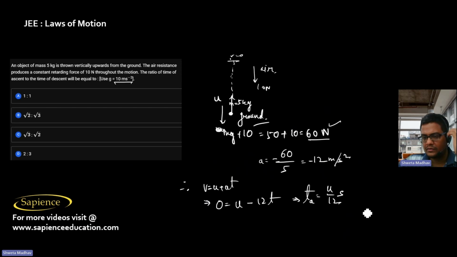So this is the time of ascent, and for the time of descent, we have to find when it is coming down.